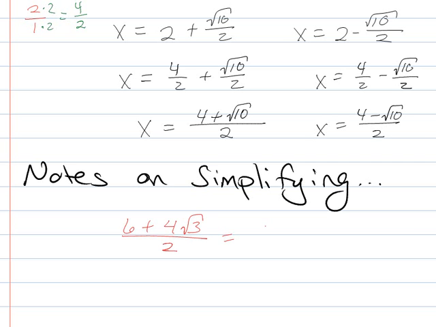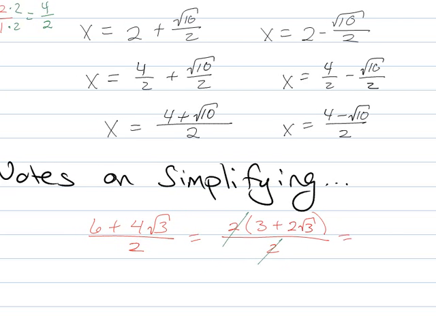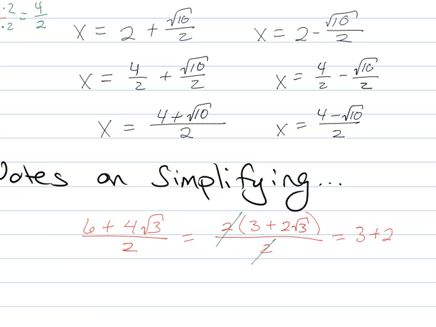If I can factor it out, I can cross it out. So on the top, I can factor out a 2, right? And that winds me up with a 3 and a 2 root 3. So since I was able to factor a 2 out of the top, I can cross those 2's out and end up with 3 plus 2 root 3.